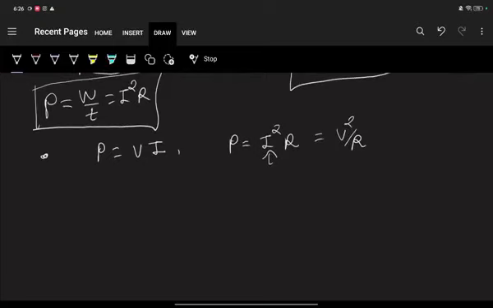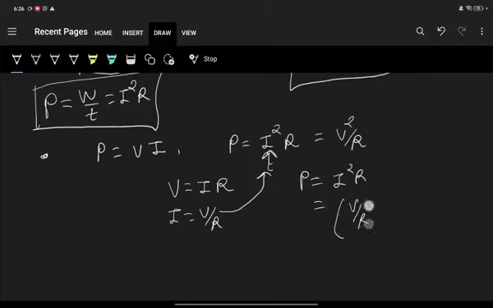We need to insert the value of current, which is nothing but Ohm's law, I is V upon R. So if you plug in this value, P is equal to I square R. Instead of I, we write V by R whole square into R, which is nothing but V square by R.